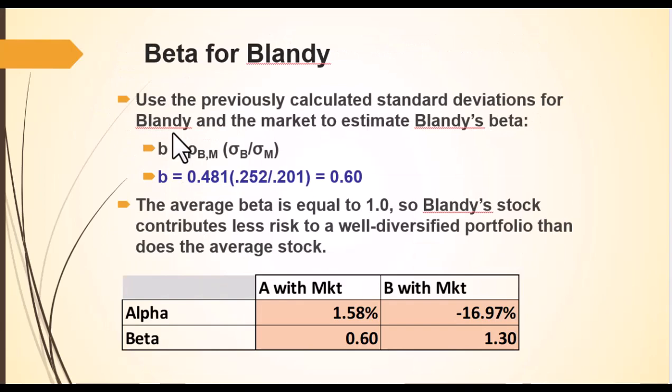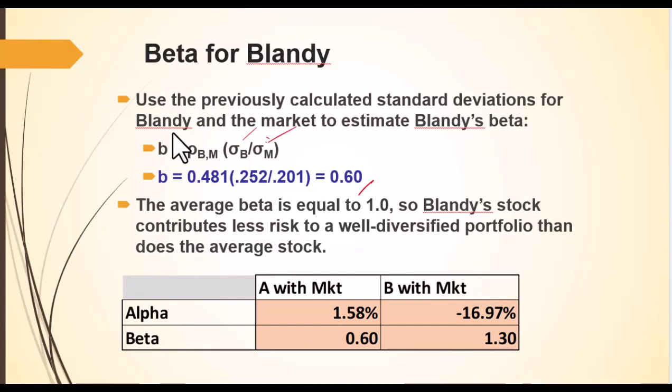So now let's look at the formula. How do you find Blandy's beta? It's the correlation, and then you multiply that by the ratio of the risk of the stock to the risk of the stock market. We end up with 0.6. The average beta equals 1. So Blandy's stock contributes less to a well-diversified portfolio than does the average stock.